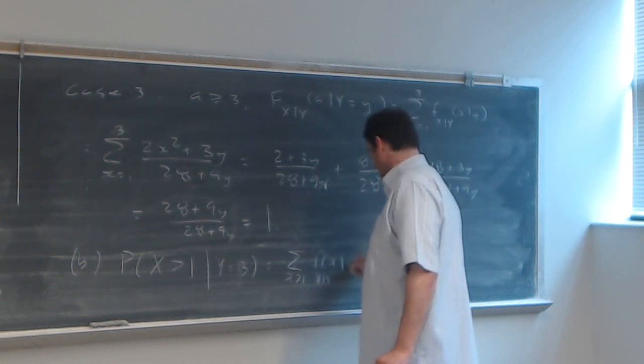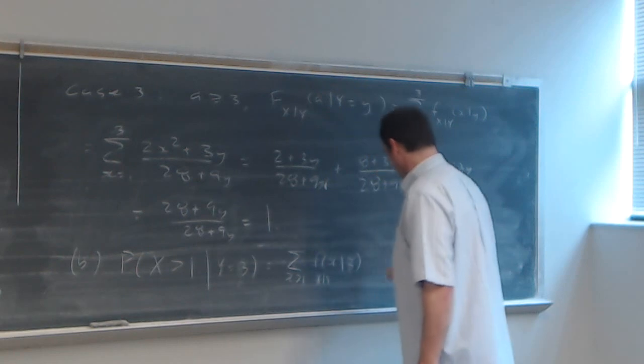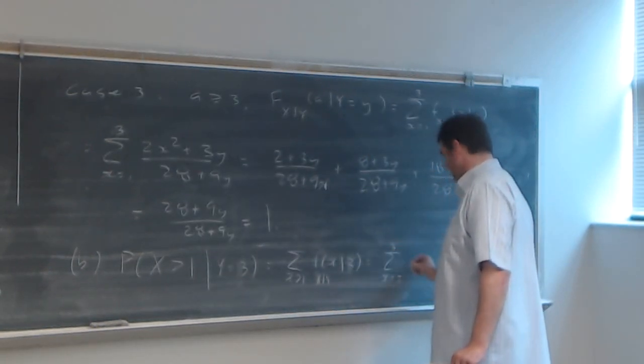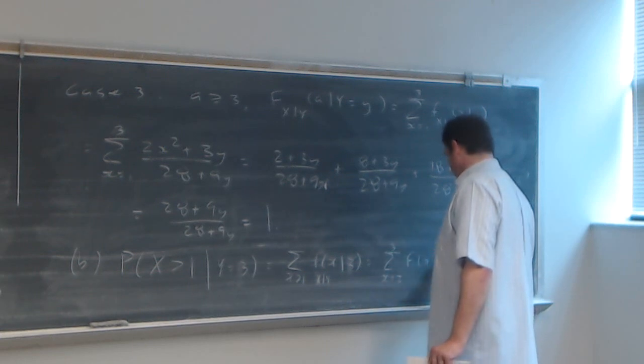But we know y is 3, so I'll write a little 3 here. And so that's equal to the sum as x goes from 2 to 3 of f of x given y of x given 3.